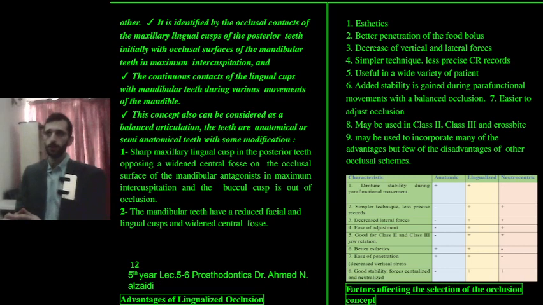Added stability is gained during parafunctional movements with a balanced occlusion. Easier to adjust occlusion. May be used in class 2, 3, and crossbite. May be used to incorporate many of the advantages but few of the disadvantages of other schemes.